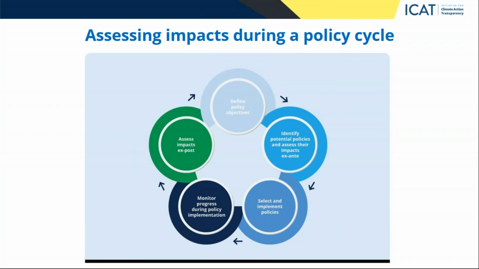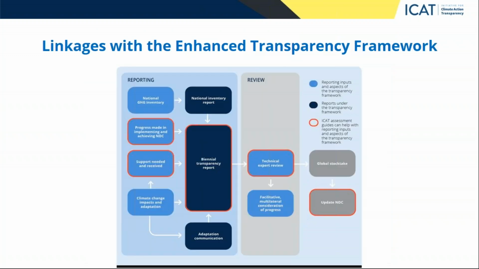The guide can also be used during policy implementation to track progress. That's the dark blue circle. And finally, it can be used ex post to evaluate the impact and the effectiveness of a policy, which then can help to feed again into the next cycle in policy design and implementation.